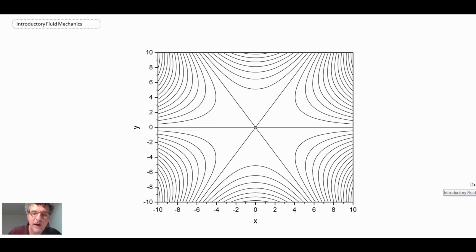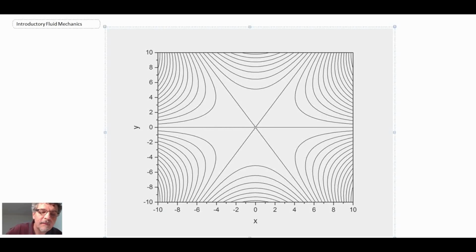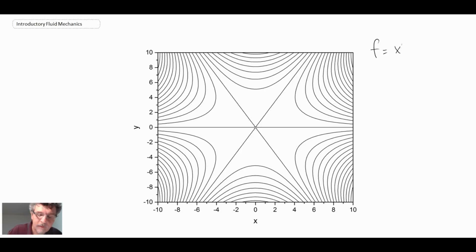So here we have the function, which we said was f. So we have that function plotted here, and then we have contour lines. So these contour lines represent streamlines for that function.